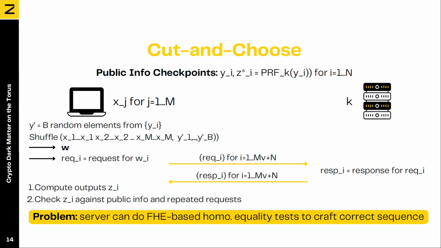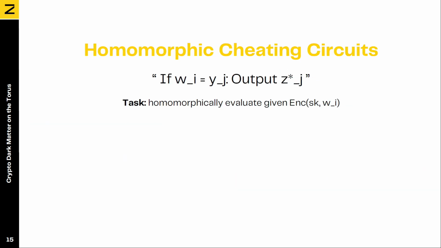The problem in the FHE setting is that the server can do some sort of homomorphic equality test to potentially craft a sequence of responses that isn't correct, but passes all of the client's verification tests.